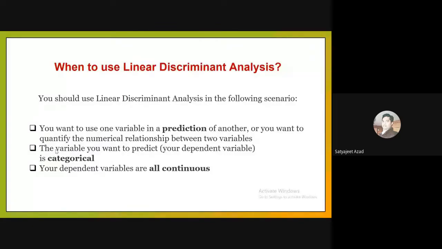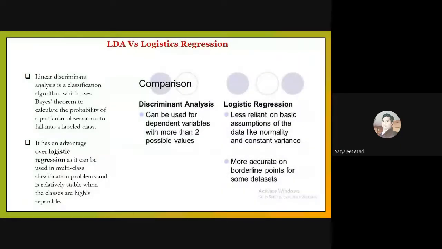There are different ways to use it, and it's a simple one. There is some difference between this LDA and logistic regression, so it's very important. Linear discriminant has an advantage over logistic regression because it can be used in multi-class problems.